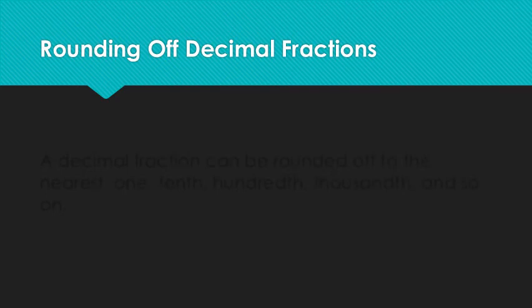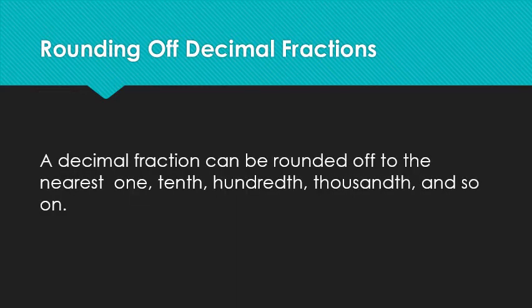Now, children, let's revise the rounding off of decimal fractions. How do we do the rounding off of decimal fractions? Children, decimal fractions can be rounded off to the nearest one, tenth, hundredth, thousandth, and so on. So, let's see the steps.